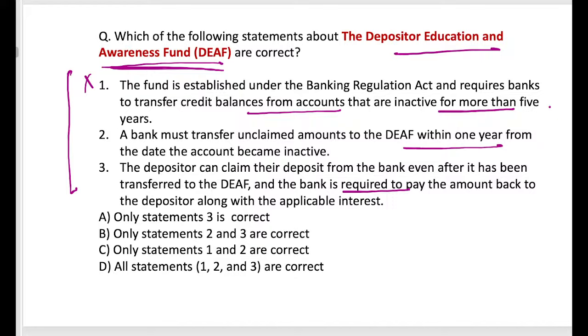It is how many years? 10 years. It is 10 years. Bank must transfer the unclaimed amount to DEAF within 1 year from the date the account becomes inactive. So it is within how many months? It is within 3 months. Okay? So this is also wrong. This third statement is true. So option A will be the right answer for this one.